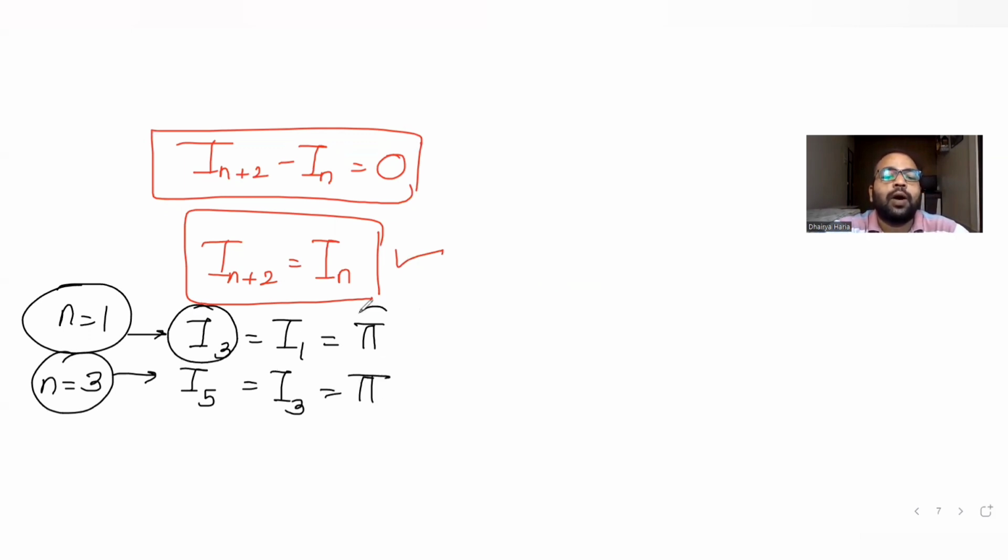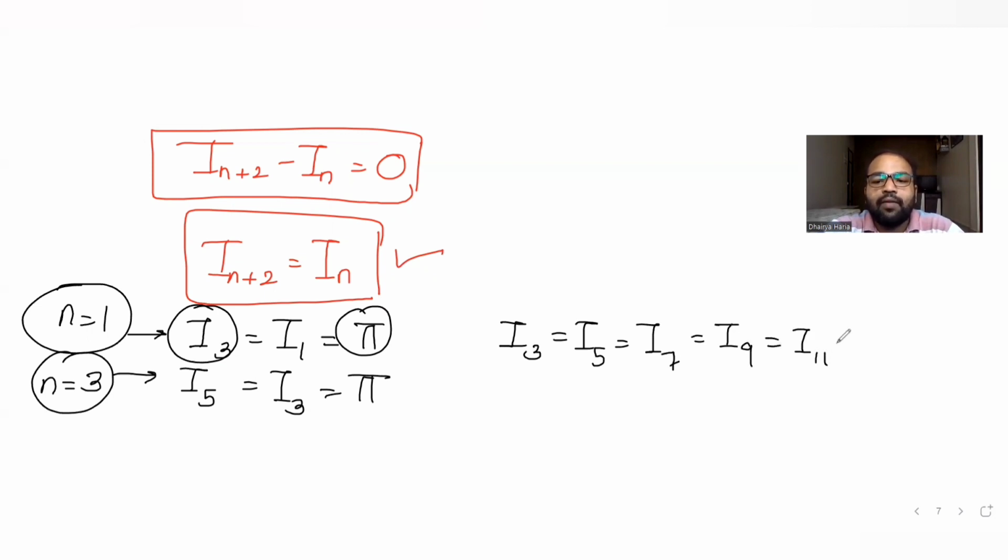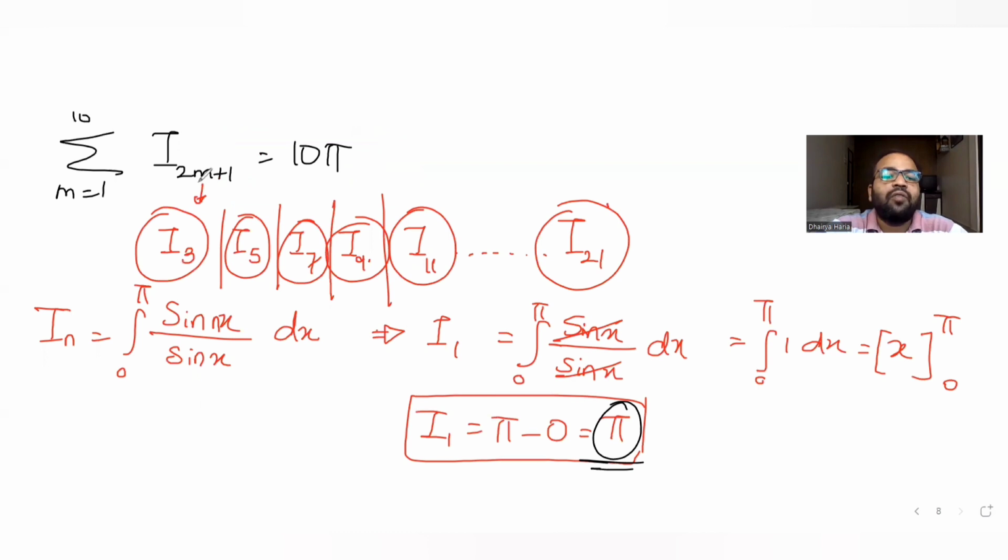So all the odd-indexed integrals, that is I_3, I_5, I_7, I_9, I_11 till I_21, are equal to pi. And when I want to find the sum of these 10 odd-indexed integrals, all of them have a value of pi as the answer.